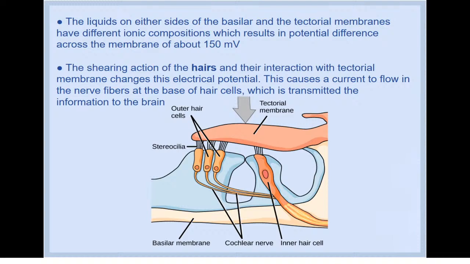The shearing action of the hair cells and their interaction with the membrane changes this electrical potential and causes a current to flow in the nerve fibers at the base of the hair cells, which is transmitted as information to the brain.